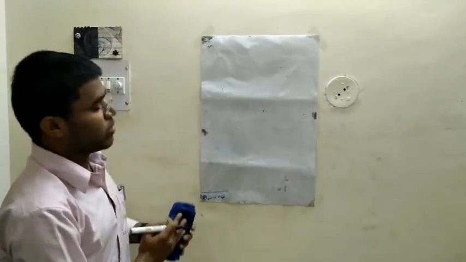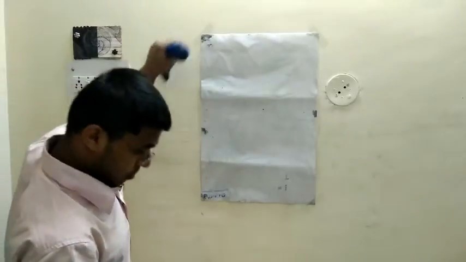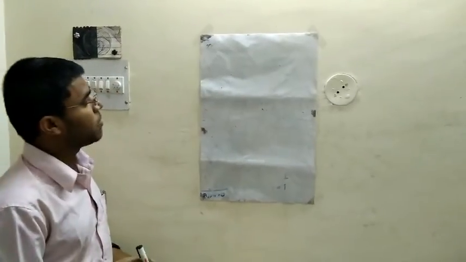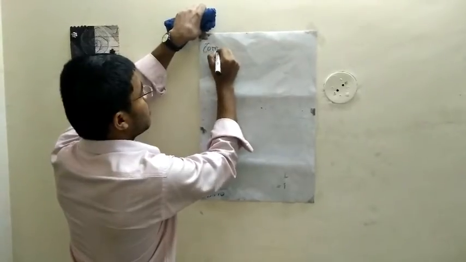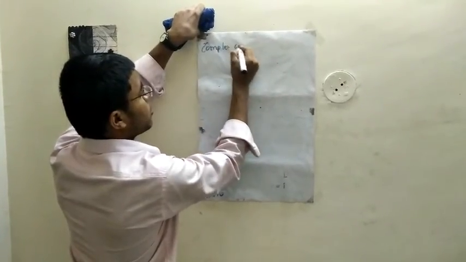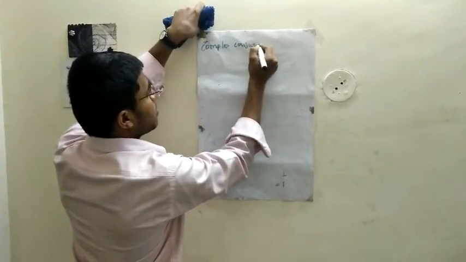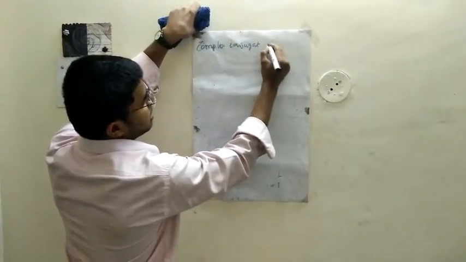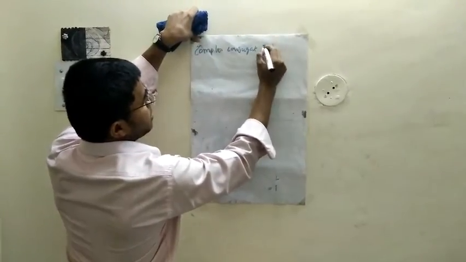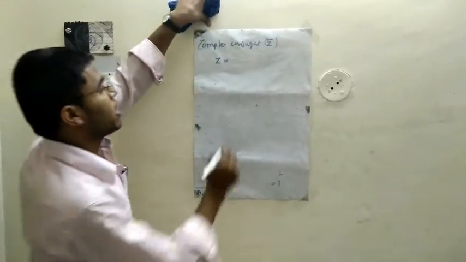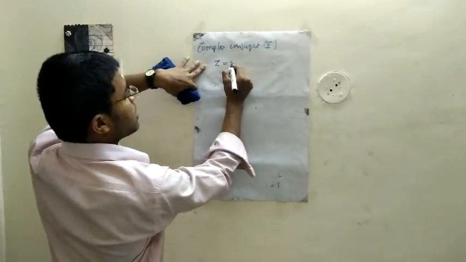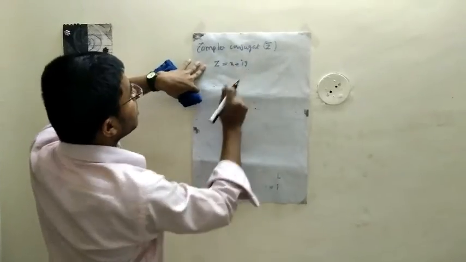Now we are going to discuss the complex conjugate. The complex conjugate is represented by Z dash. We know Z is the complex number, Z equals x plus iy.